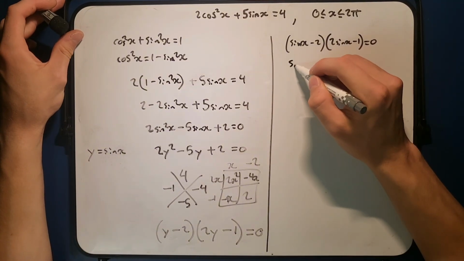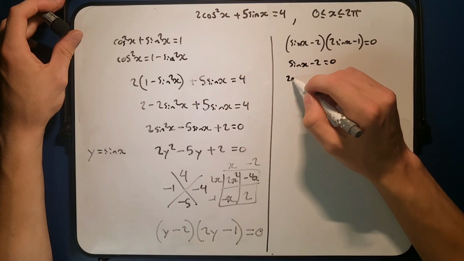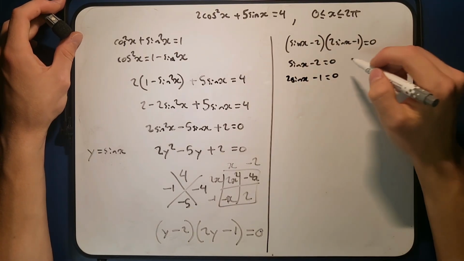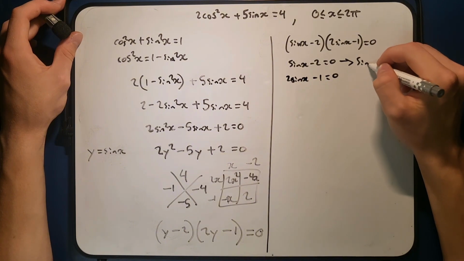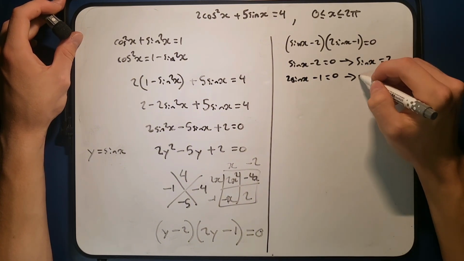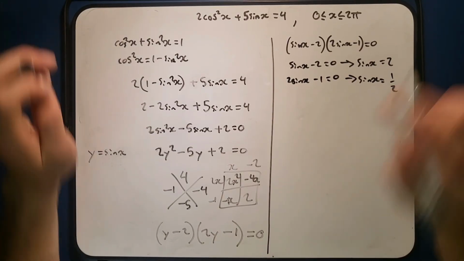So we're going to get sine x minus 2 is equal to 0, and 2 sine x minus 1 is equal to 0. So this equation will make sine x equal to 2, and this equation will make sine x equal to a half.